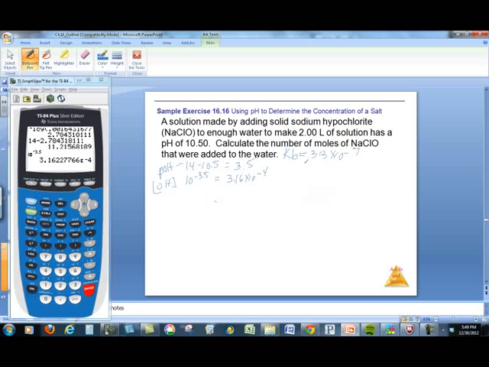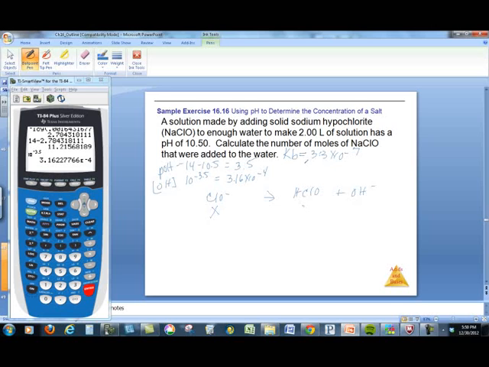Alright, so let's set up a RICE table. I have my ClO minus becomes HClO plus OH minus. And here I am starting with some unknown concentration.